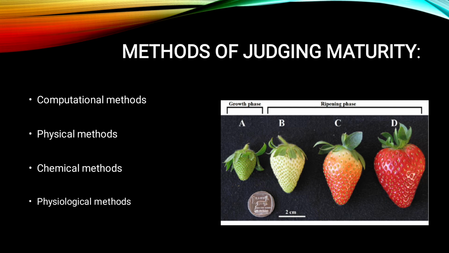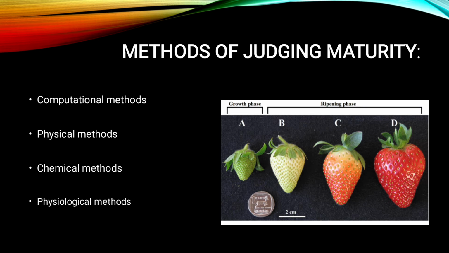Now we'll see the different methods of judging maturity, that is the computational method, physical method, chemical method and physiological method. On this page you can see strawberries shown, four different strawberries from their development up to the matured one, and after that a ripened strawberry is also present.